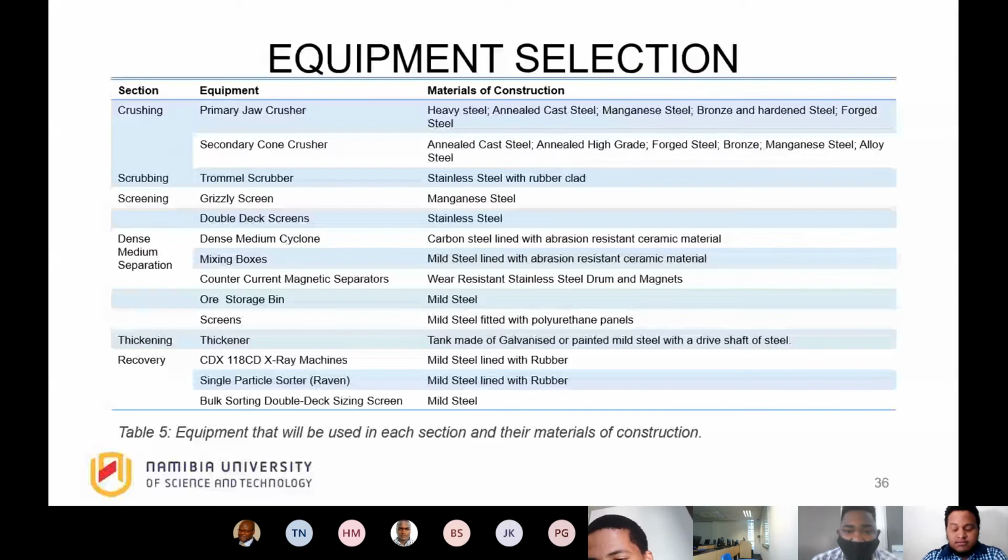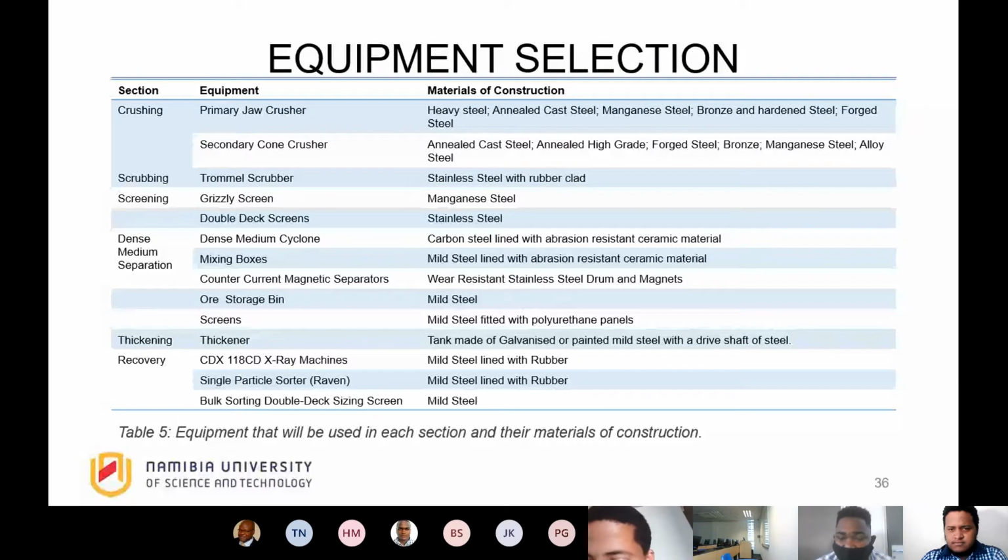Okay. So for the equipment selection, this is basically a table that shows the different equipment that will be used, as well as the material of construction for this equipment, for the different unit processes. So as far as crushing and scrubbing is concerned, for crushing, your primary jaw crusher, the material of construction will be heavy steel, annealed cast steel, manganese steel.